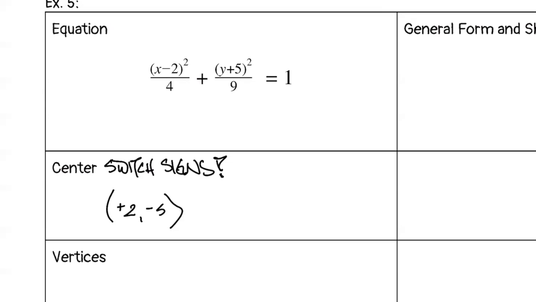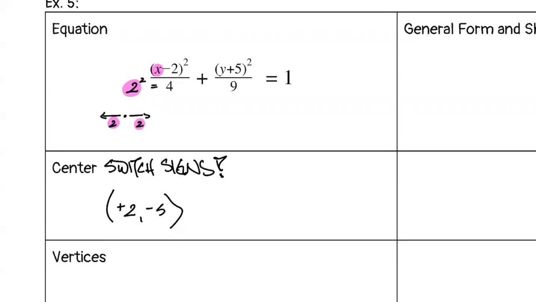Okay, so maybe we take a moment to write this as 2 squared, which means that we're going to go from the center, we're going to go 2 side to side, right? We have this, it's underneath the x, so that tells me I'm going side to side too.